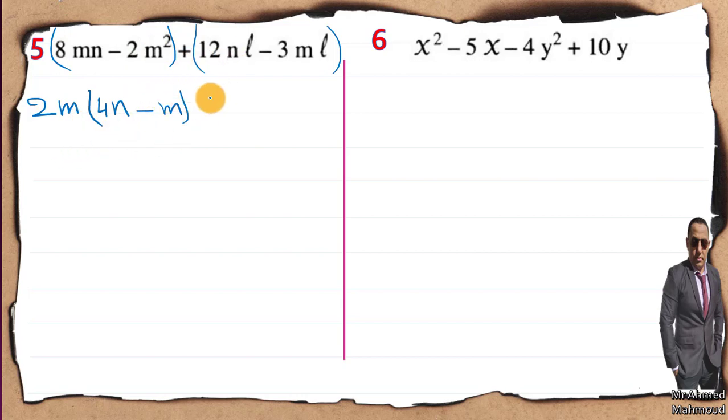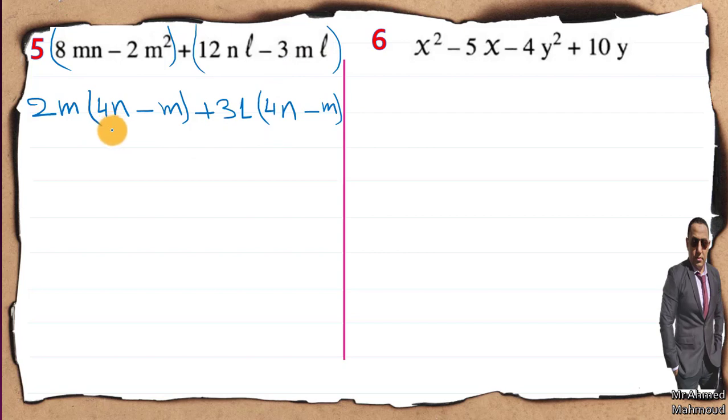Here, plus 12 and 3 in table 3. nl, ml, I'm going to take l as common factor. 12 divided by 3 is 4. nl over l equals n. Negative 3 divided by positive 3 equals negative 1. ml over l equals m.